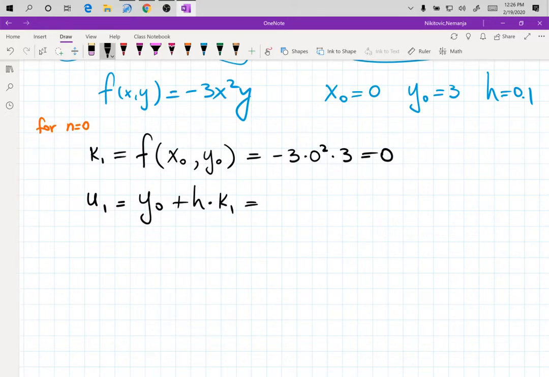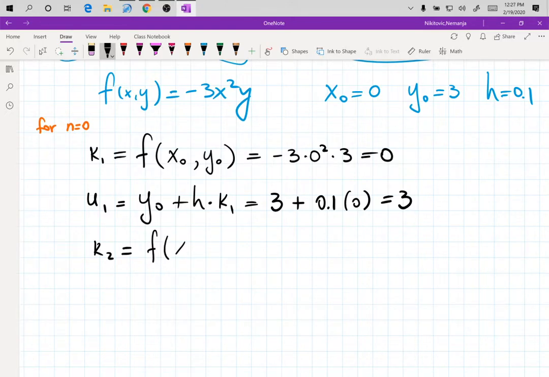In our case, y0 is 3, plus h is 0.1, and k1 is 0, so u1 is 3. K2 is f of x1 and u1, because they want x n plus 1, so our n is 0 for the whole calculation here. When you see n plus 1, it's 0 plus 1.